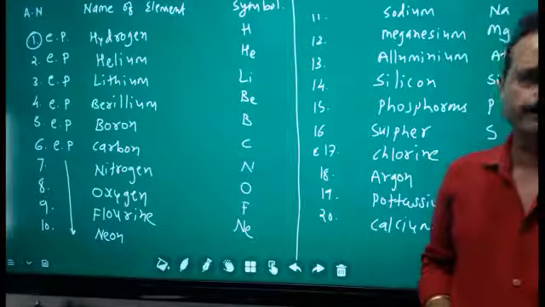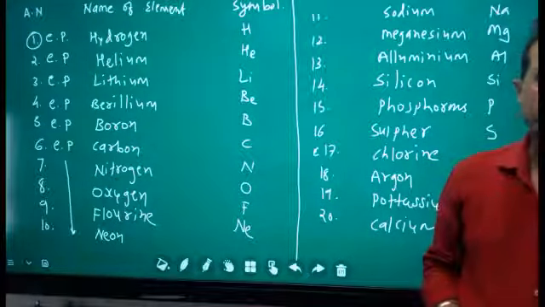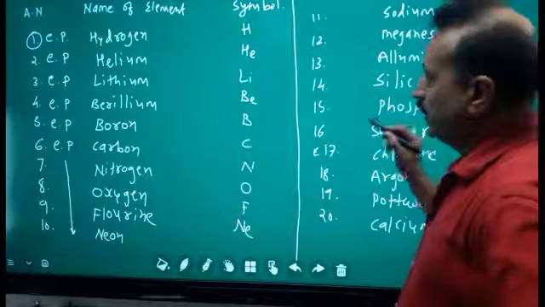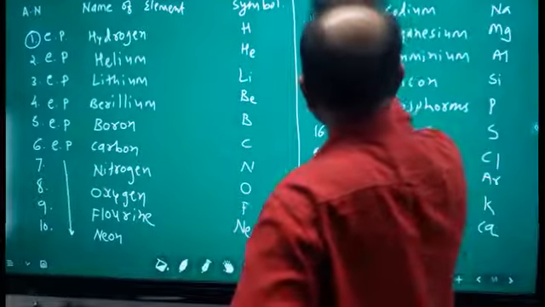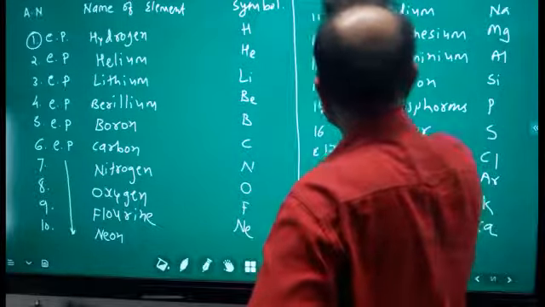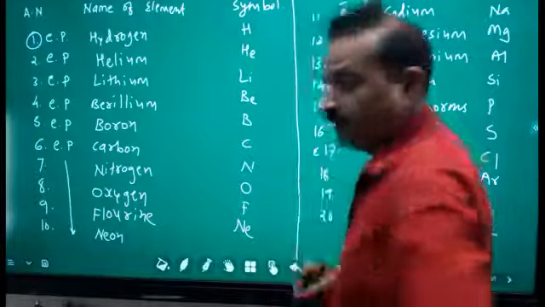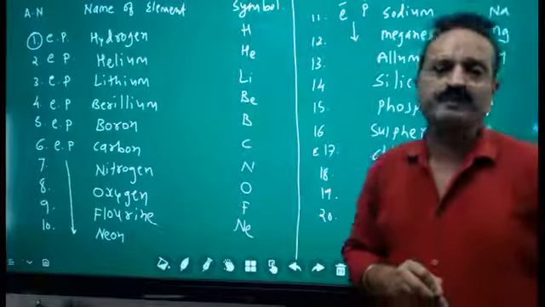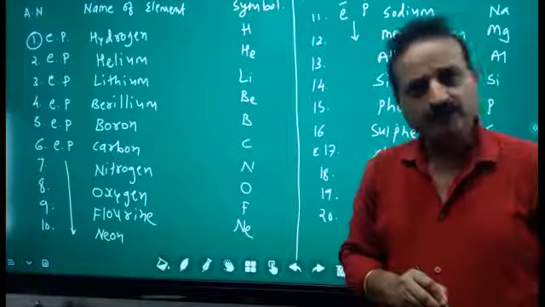So kindly understand that any atom is neutral. Electron is negative charge and proton is positive charge. So any element is neutral. It means the number of electrons and the number of protons must be the same. Nitrogen is neutral.